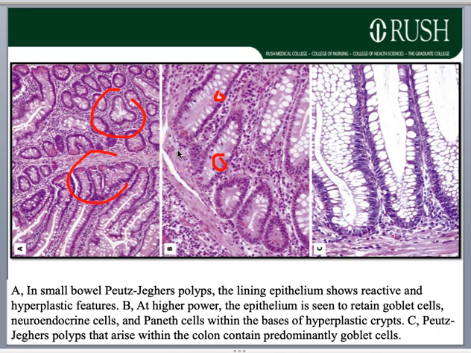There's neuroendocrine cells, which you can't really appreciate on routine H&E sections, but you can appreciate these Paneth cells that are at the bases of the crypts.